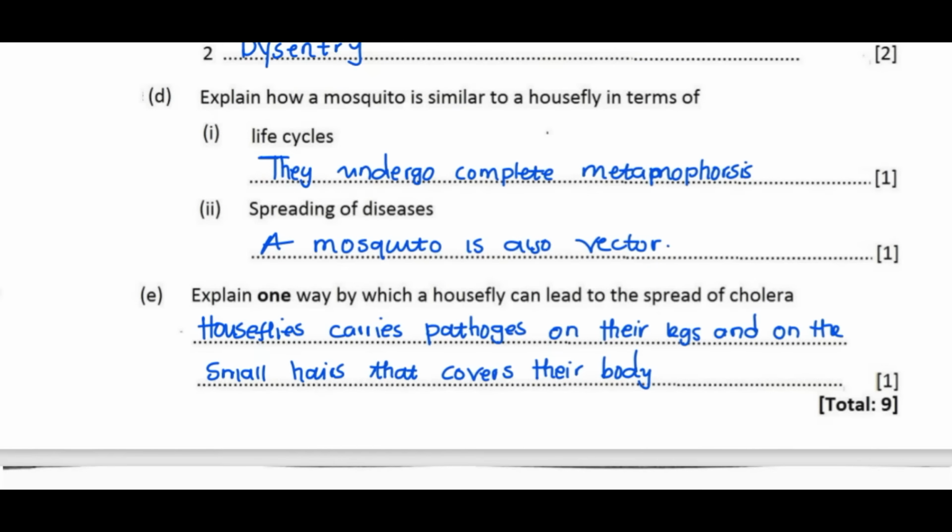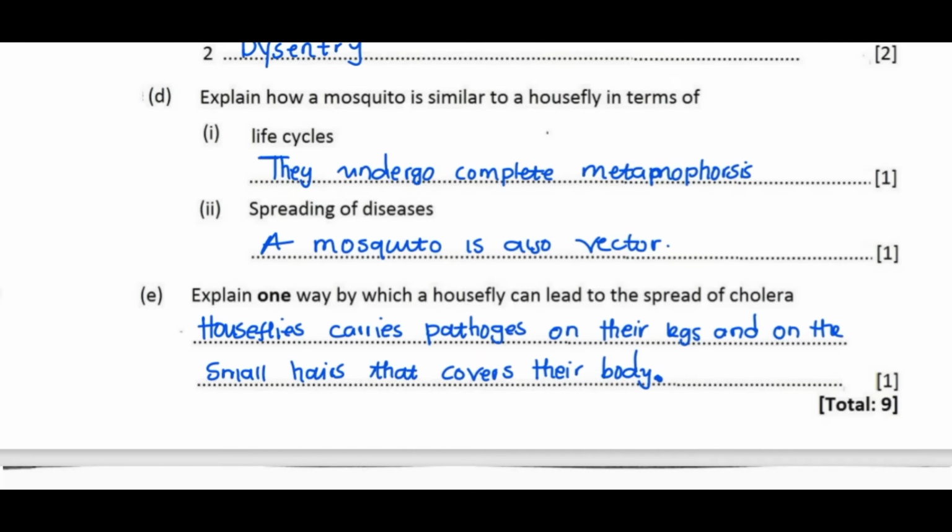So as it is using its tongue to liquefy the solid before eating, then upon doing that, when moving from that food onto some food that is uncovered, then the pathogens will be transported in such a manner.